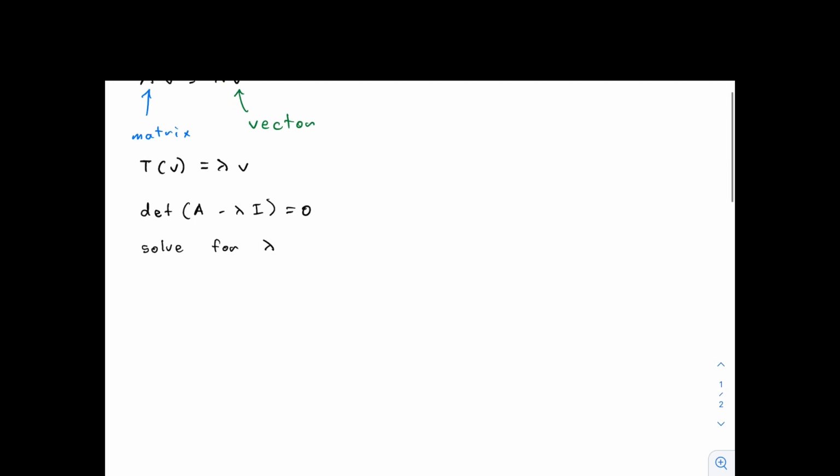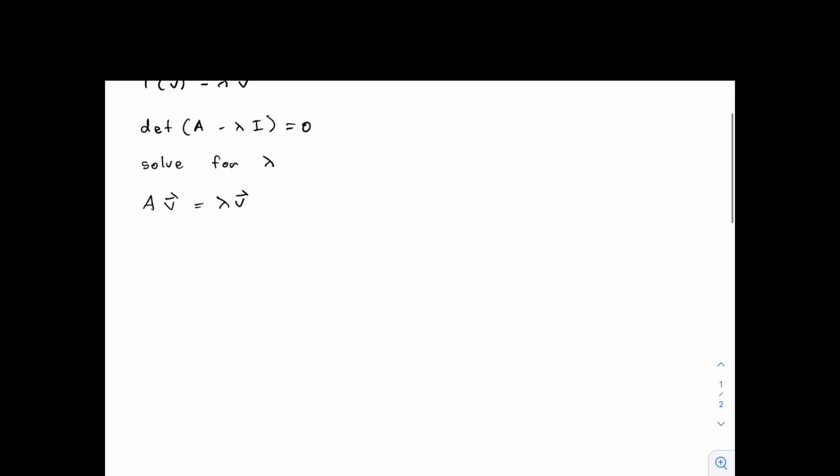Let's see. If we start with our definition of A times v is lambda times v, by left multiplying both sides by the identity matrix, then ultimately we change nothing, right? This is allowed by the rules of matrix algebra.